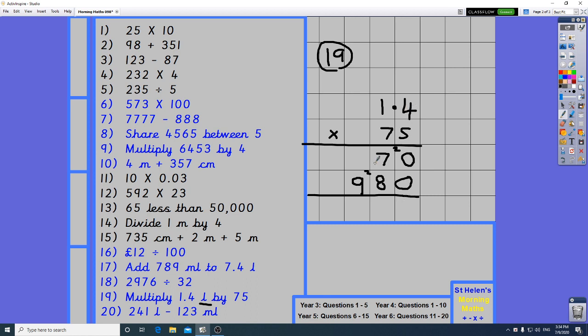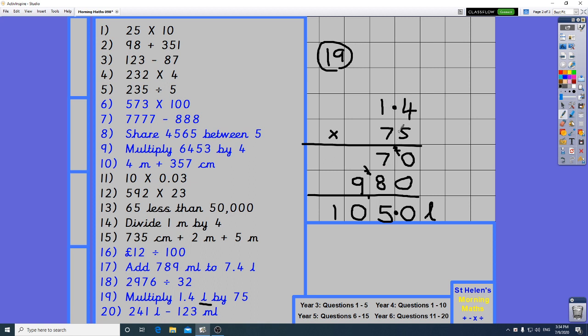That seemed pretty easy. Okay, let's add those up. 0 goes here. 7 plus 8 is 15, so 5, carry the 1. 9 plus 1 is 10. So we get 1,050. Now I'll need to place one decimal point, because there was one decimal point in the question. So we get 105 litres. Let's have a little estimate. 1 times 75 litres would be 75.